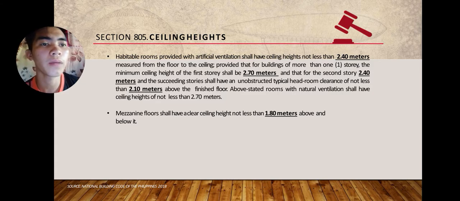Succeeding story shall have an unobstructed headroom clearance of not less than 2.10 meters above finished floor. Then, above stated rooms with natural ventilation shall have ceiling heights of not less than 2.70 meters.